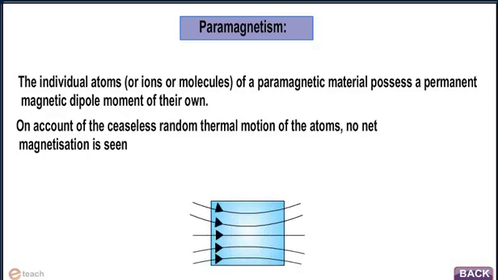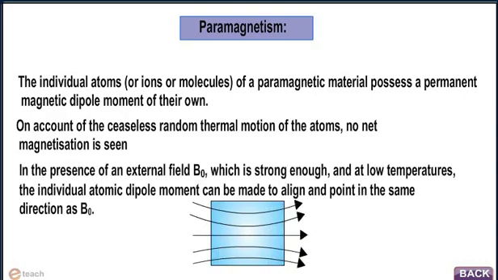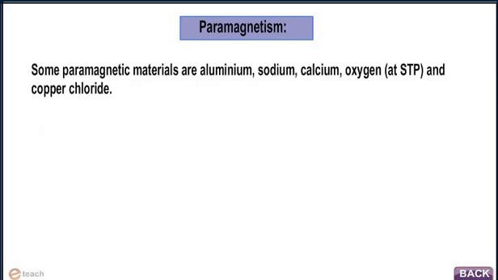On account of the ceaseless random thermal motion of the atoms, no net magnetization is seen. In the presence of an external field B0 which is strong enough and at low temperatures, the individual atomic dipole moment can be made to align and point in the same direction as B0.